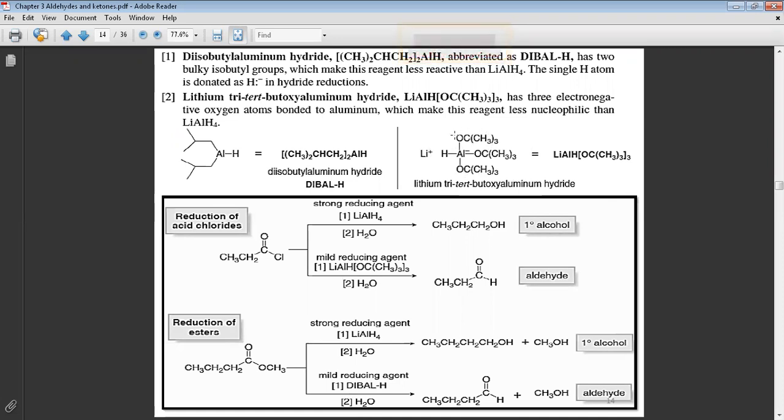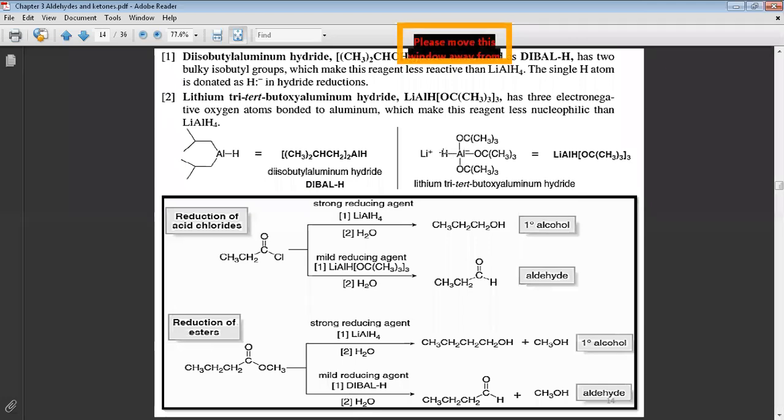This has three electronegative oxygen atoms bonded to the aluminum, with high electronegativity. All these groups are electron-withdrawing groups, which make this reagent less nucleophilic than lithium aluminum hydride.